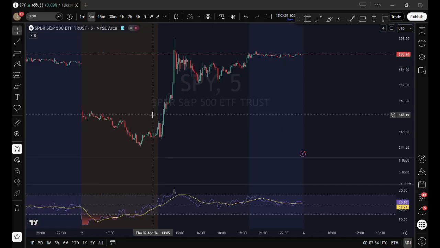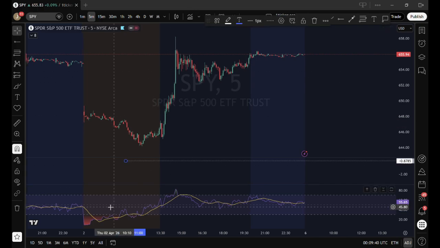Here's how I use the RSI with the SPY. I do not use it by itself. I use it with price action levels, support and resistance, and confirmation. You can see right here, right before pre-market, we're way down here below the 30. And this brown, this is pre-market.